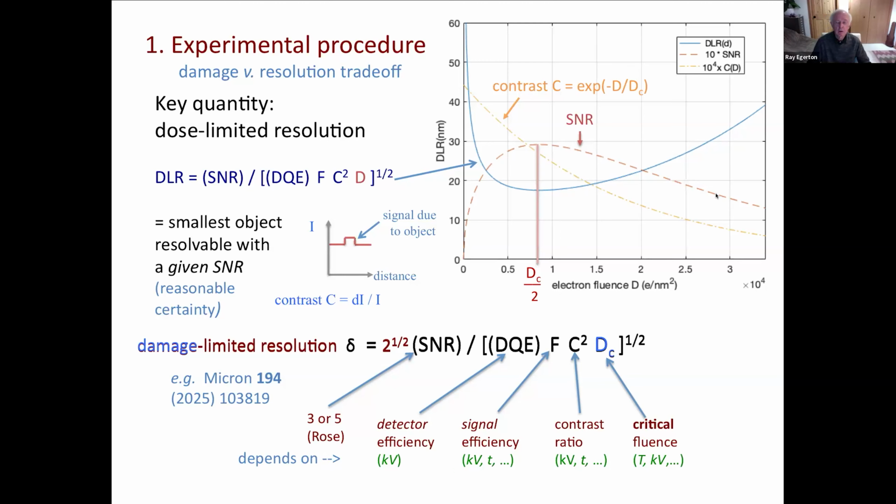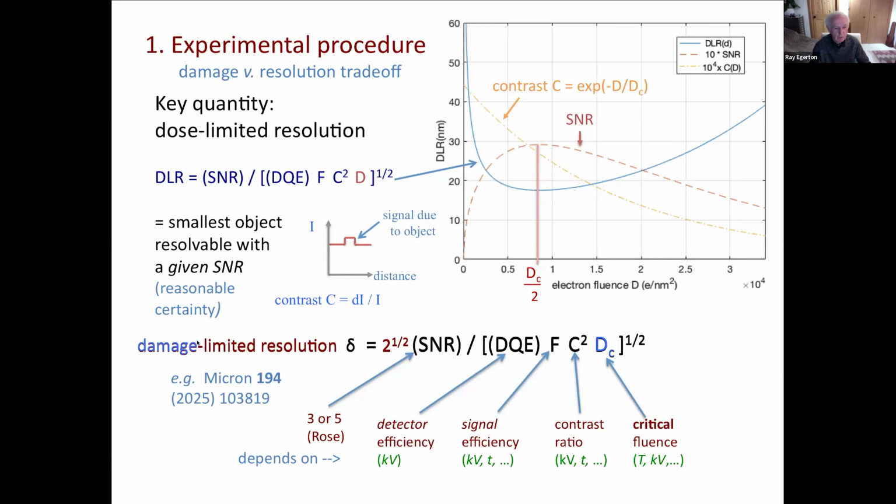Now, if instead of plotting the signal to noise ratio for a given resolution, we plot the resolution that would correspond to a given signal to noise ratio, then we have this blue curve. The blue curve is generated by a formula that you can see here involving various quantities that I'll discuss. D is the electron dose or electron fluence, and that fluence can be limited by many things, but the case that we're interested in is where the fluence is limited by the radiation damage of the sample.